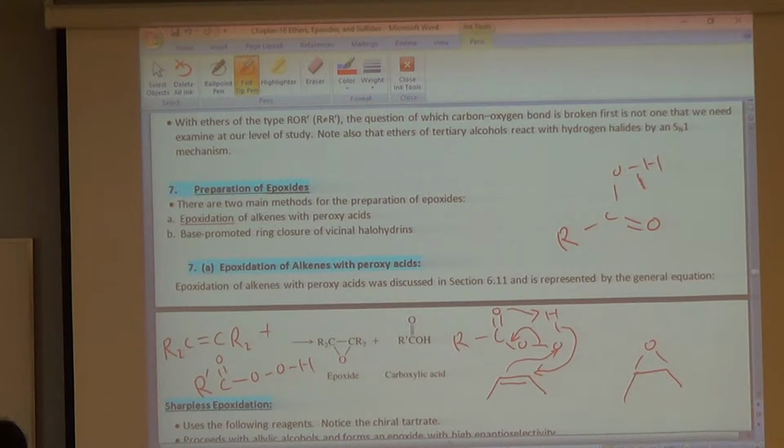These two electrons here come from the double bond here. You don't have to worry about the mechanism like what I just showed you, if you're just sometimes curious about how the peroxide acid can change the double bond into epoxide.